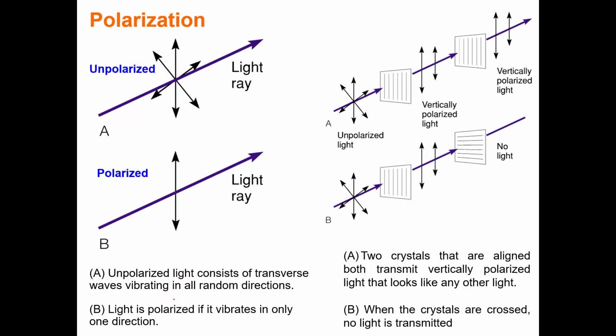But there is one more thing. Another phenomenon associated with waves is polarization. In this picture, we represent unpolarized light. Unpolarized light is light in which the waves vibrate in all directions.